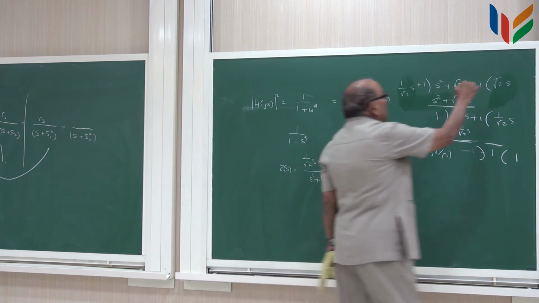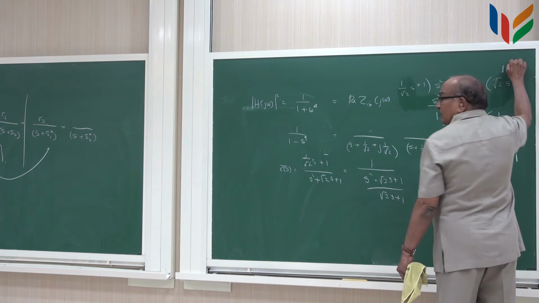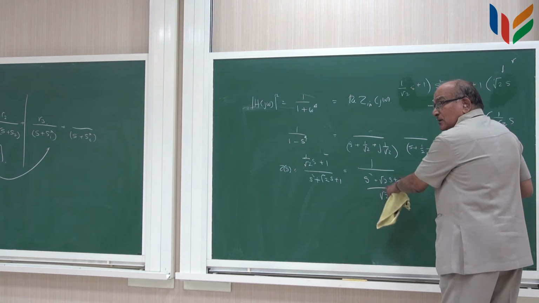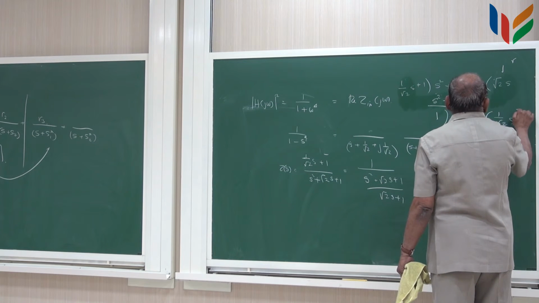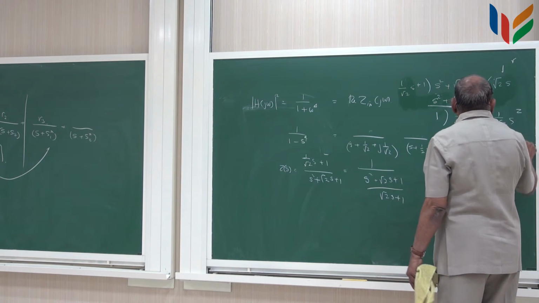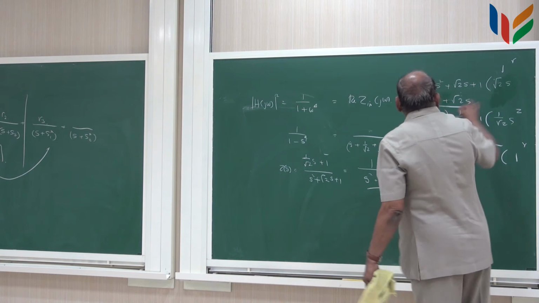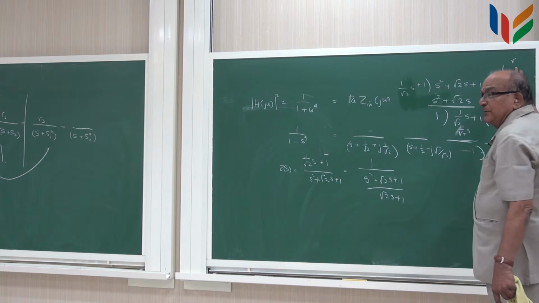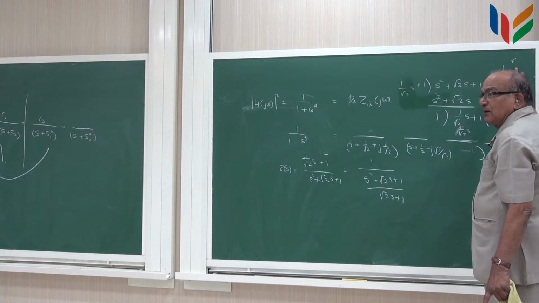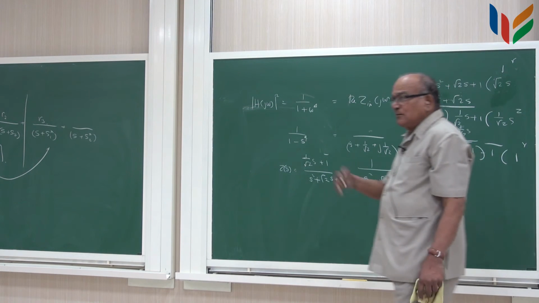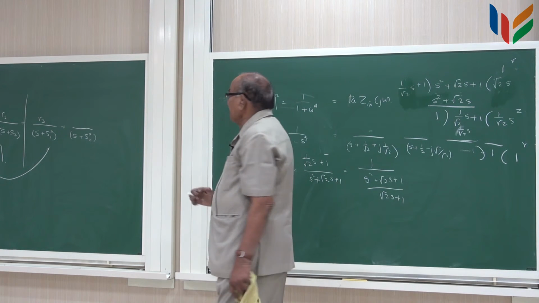Now this is what? This is an admittance, because we divided this by this, and this is an impedance, and this is again an admittance. So the first one is root 2 s admittance, which means a capacitor. Admittance of a capacitor is s times something, right?